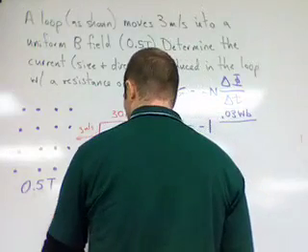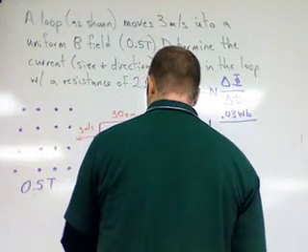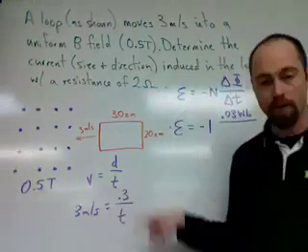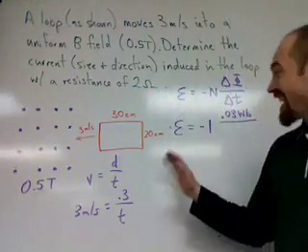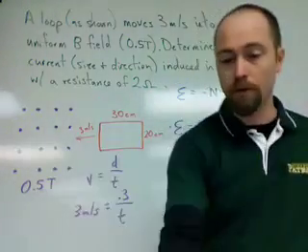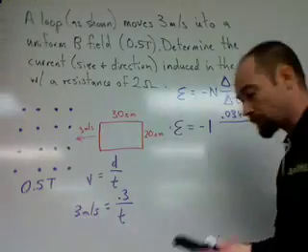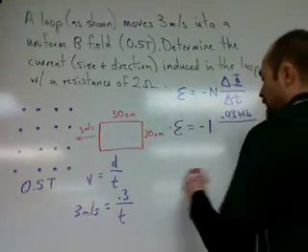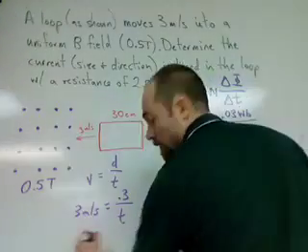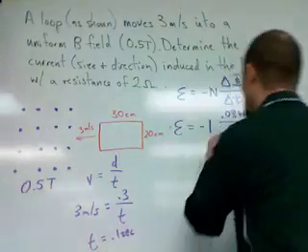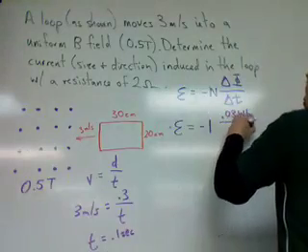So I'm going to get 3 meters per second equals 0.3 meters divided by the time, and I can use this to solve for my time, because that's how long it's going to take to completely move into the field. So if I go 0.3 divided by 3, you get 0.1, and so my time then is 0.1 second. So this is going to be over 0.1 seconds.